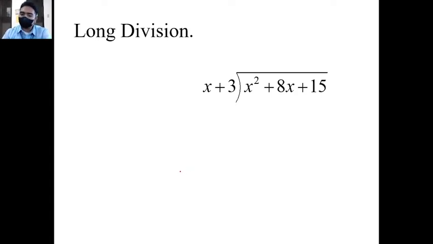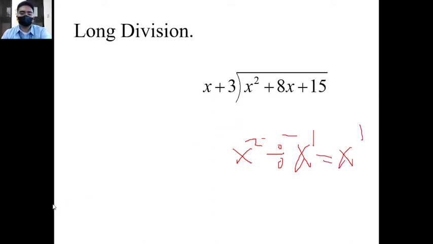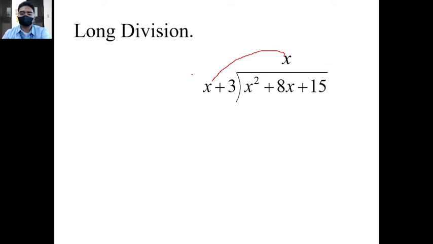So x squared divided by x. What happens? 2 minus 1, the answer is 1, of course. So in this case, we are going to have the answer of 1. And with that, what's the next step? We're going to multiply x to the two terms. Okay, so it seems like distributing only, no?